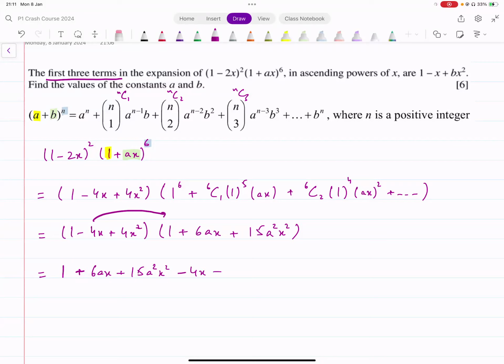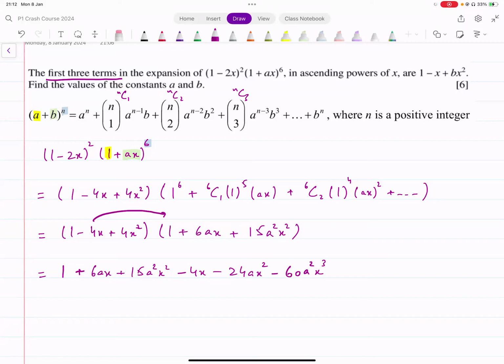Minus 4x into 6ax, that is minus 24 times ax squared. And then minus 4x into this, that is minus 60 a squared x cubed. Okay, I'm sorry. I think this was minus 4x into 6ax. That was x squared here. And then we have x cubed here. Minus 60 a squared x cubed.